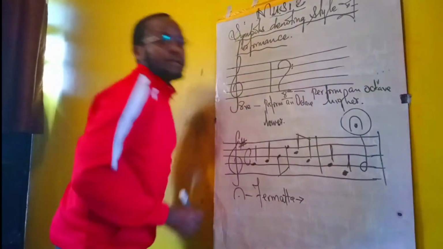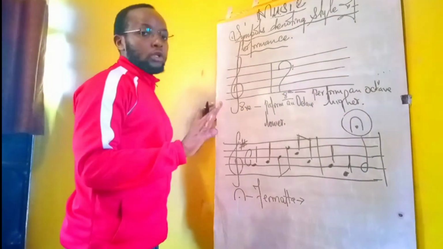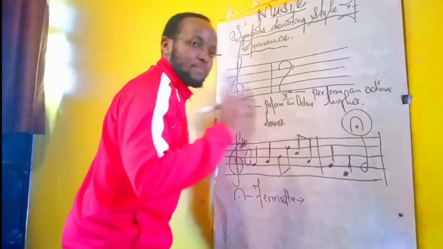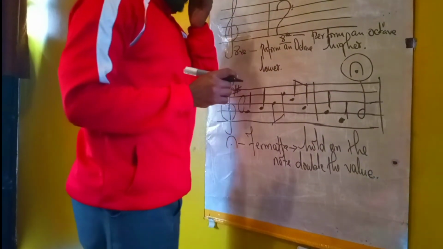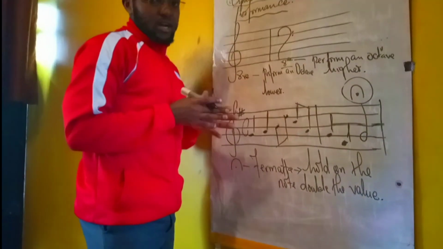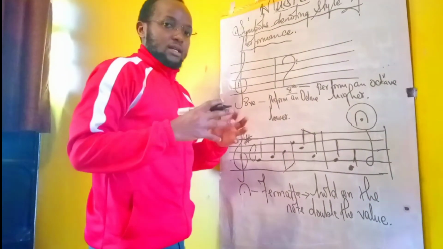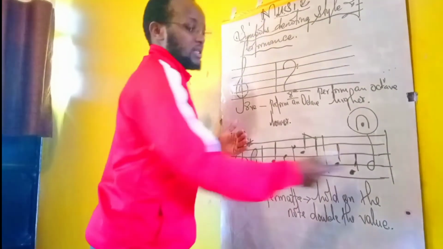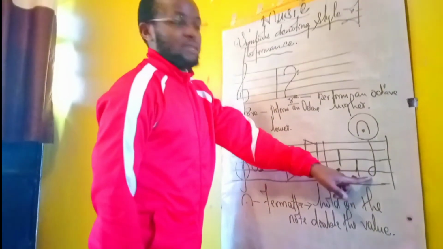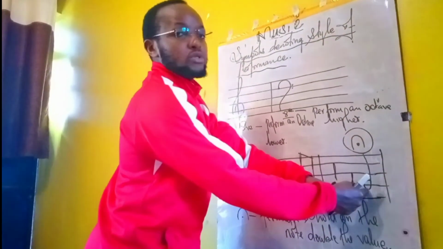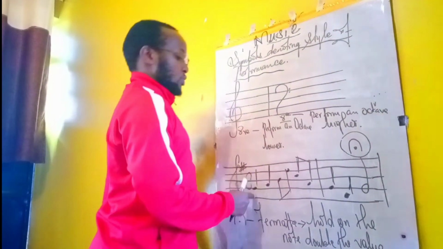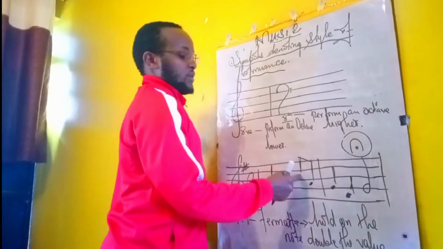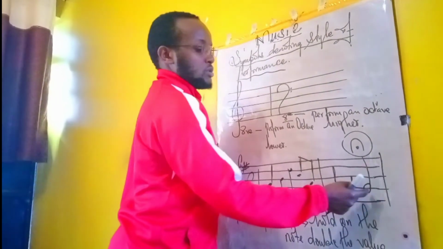The fermata means that you hold the note double its value. If it's a rest, you hold the rest double its value. For example, if there's a minim, we're supposed to perform it with the value of a semibreve. Do, re, mi, so, fa, re, do, ti, do.